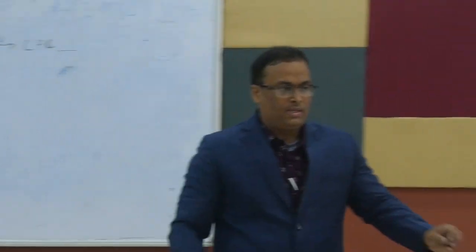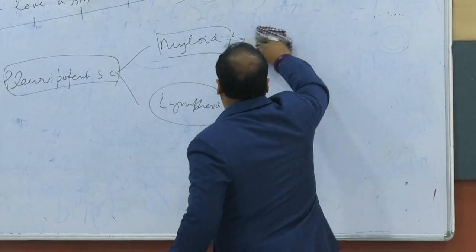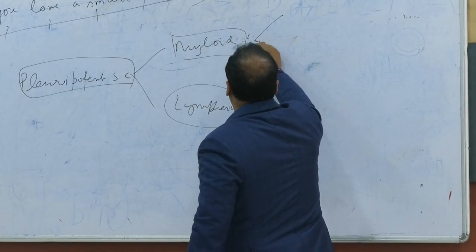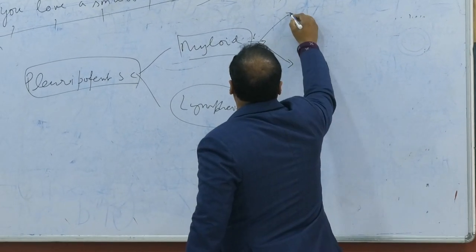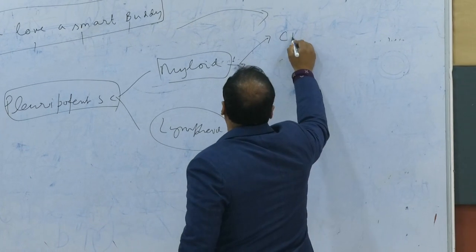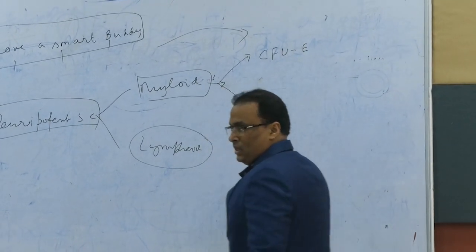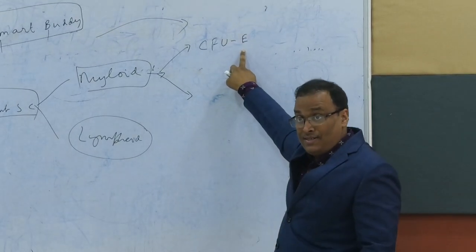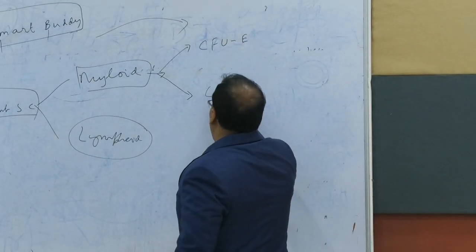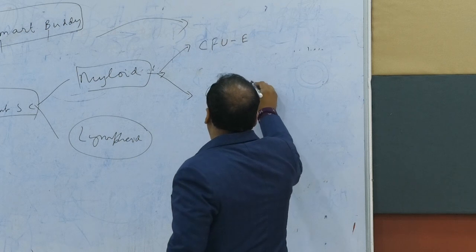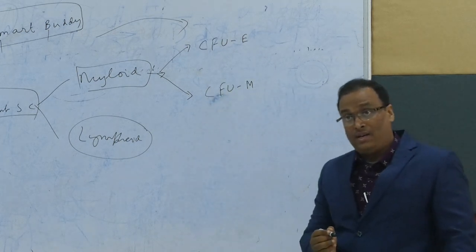If you forget it, the better way to remember is that it may be divided into two. One is colony forming unit E, meaning the erythroid series, and colony forming unit M, megakaryocytic.